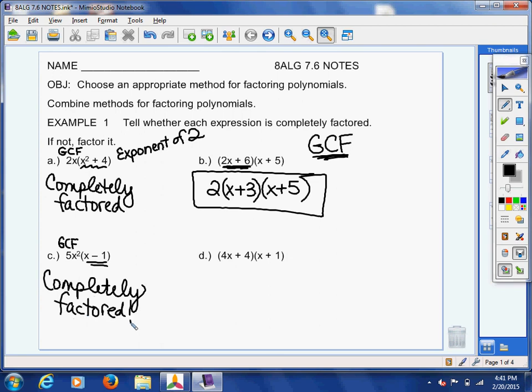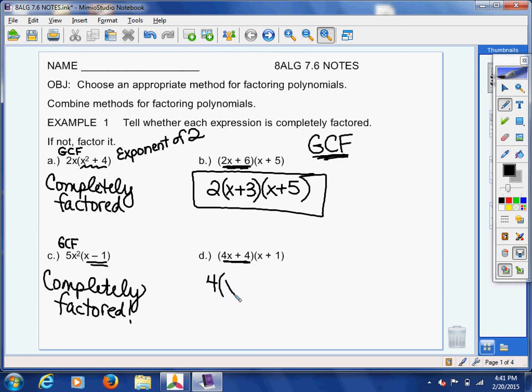Okay, and then let's look at letter D. No GCF that I can see, just 2 quantities. So we definitely want to assess whether we need to pull a GCF out, since we don't see one out in front. So let's take a look. Now this quantity, what's common to 4x and 4? Well, I think you heard me say the word 4 twice, so let's pull out 4.